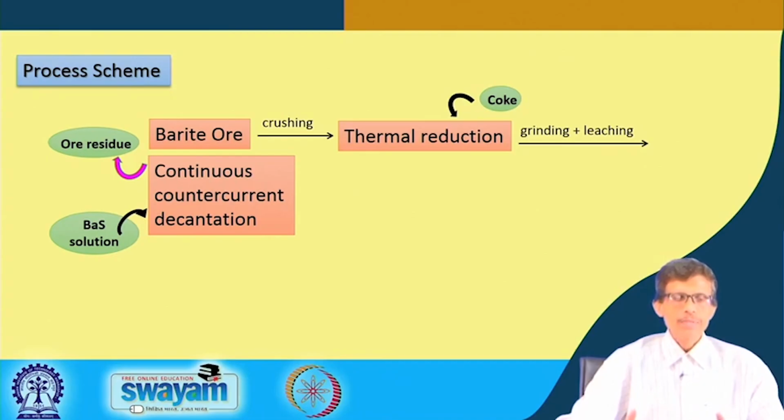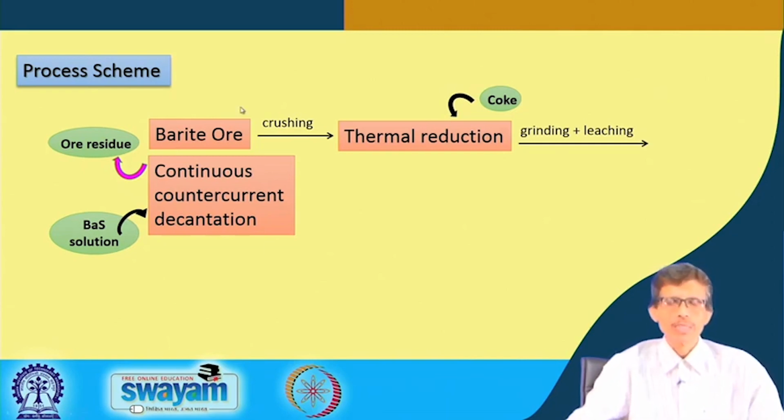So, you have the barium sulphide in solution. Whatever was there as sulphate material, you converted it to sulphide, and that sulphide is in aqueous medium. So, you can remove it through decantation, because the liquid material you can transfer to some other reaction vessel, and your ore will remain there, and the residual ore can be reutilized for this particular process.